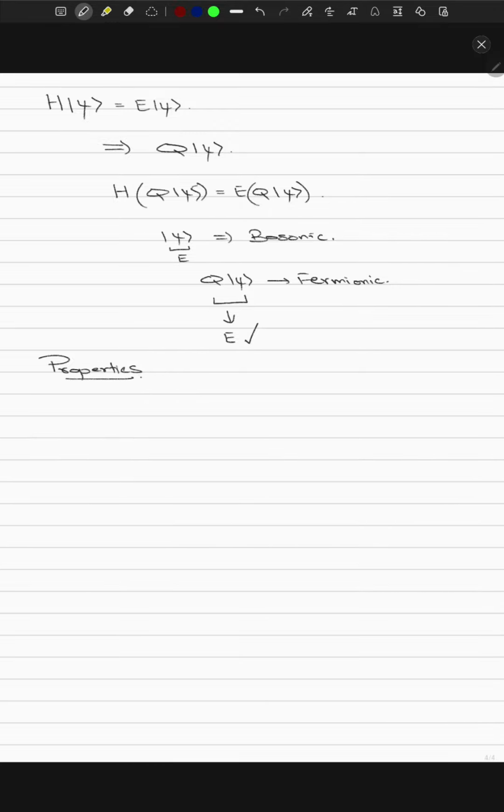If you write down the Hamiltonian, which was A dagger A plus B dagger B, you can define these operators A dagger A as the number operator N for bosons and B dagger B as the number operator F for fermions.